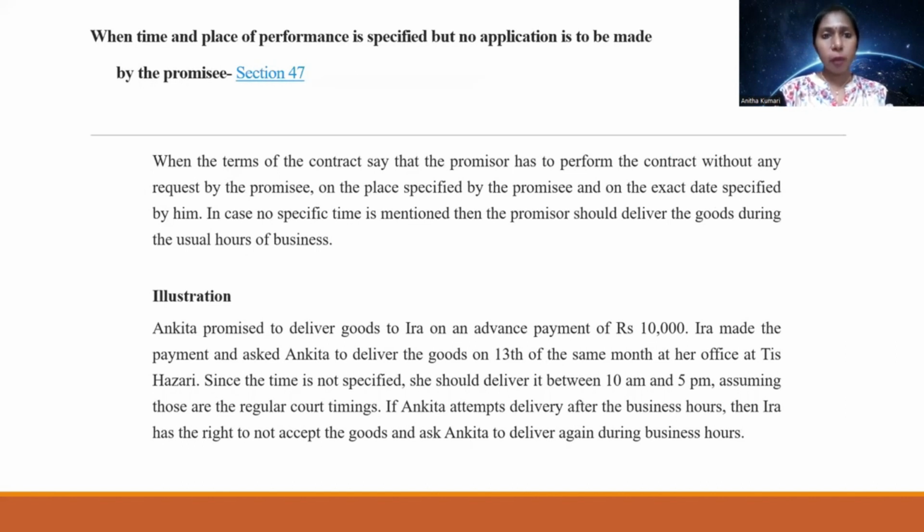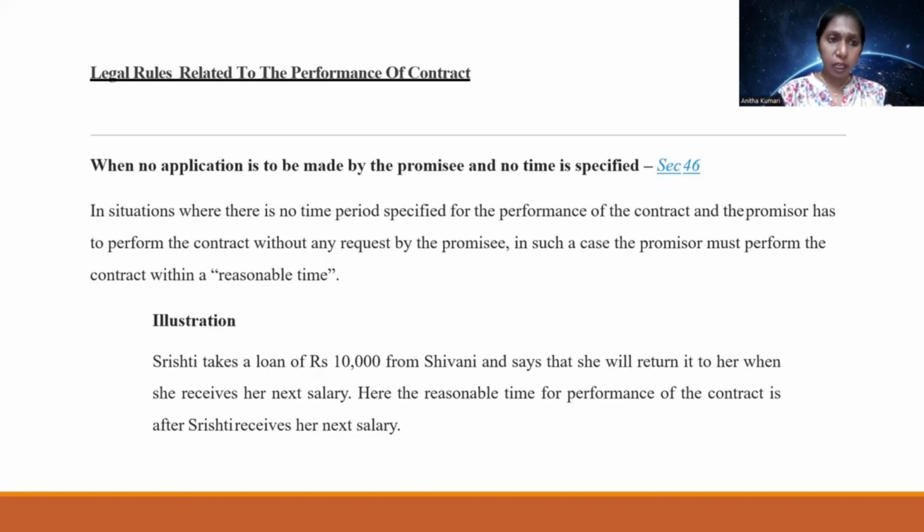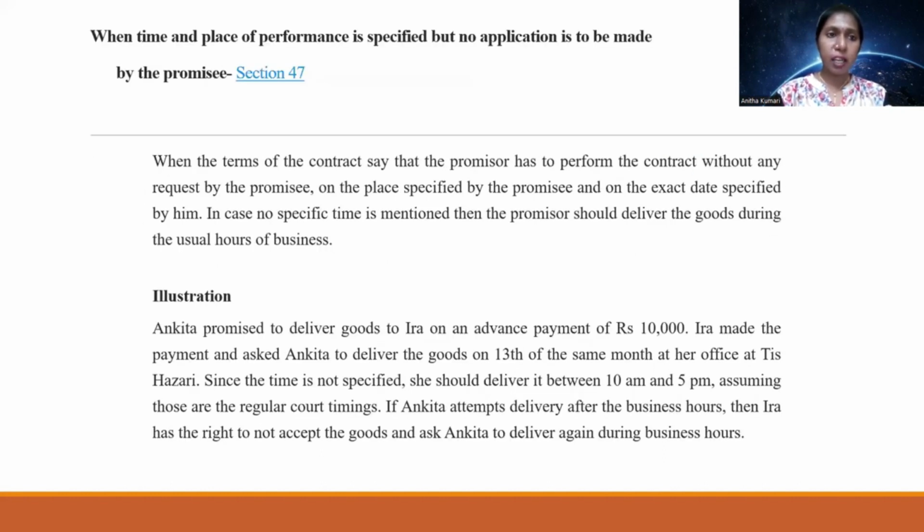When the time and place of performance is specified, but no application is to be made by the promisee. See the first one: when no application is to be made by the promisee and no time is specified, indirectly the promisee is telling at what time she will return the money in the example. Whereas here, the time and place of performance is specified, but no application is to be made by the promisee. For example, Ankita promised to deliver goods to Ira on an advance payment of rupees 10,000.